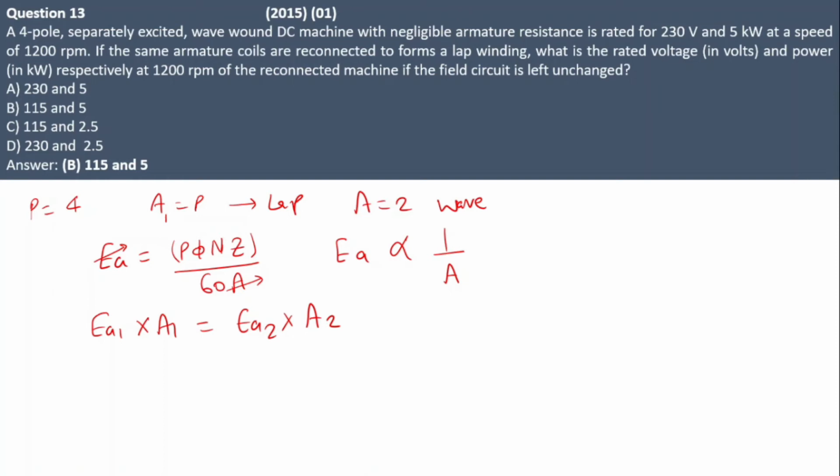Because resistance is negligible, EA1 equal to V1, so V1 A1 equal to V2 A2. So A1 is 4, V2 and A2 is 2. This is basically reconnecting from wave to lap.